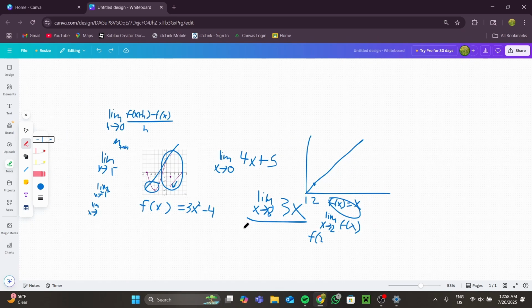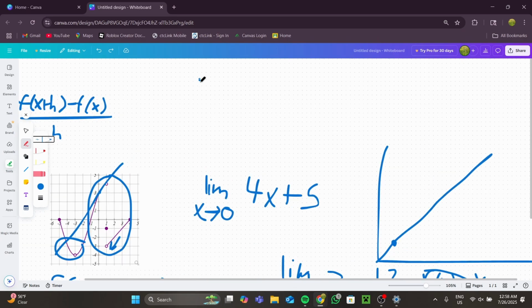So, limits. Let's write one down. Limit as x approaches 2 of 2x, a basic one.